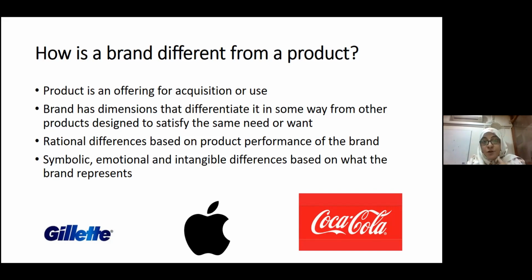And if we want to project ourselves in terms of the personality promised by a brand, then we actively become consumers of that brand because of the symbolic, emotional and intangible benefits the brand is telling us about itself. Am I clear?